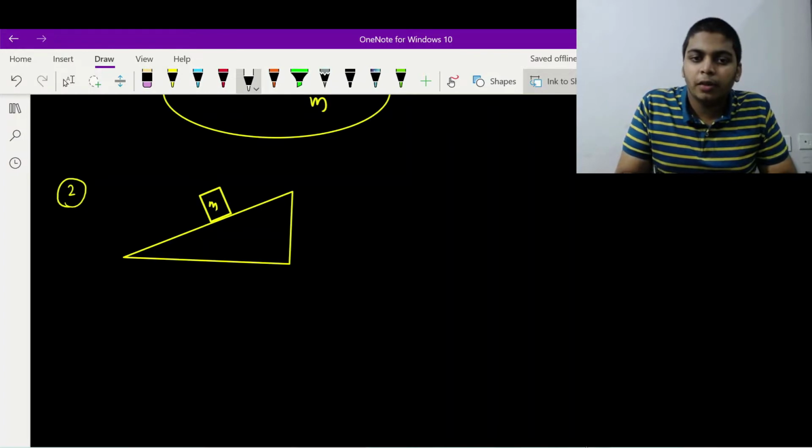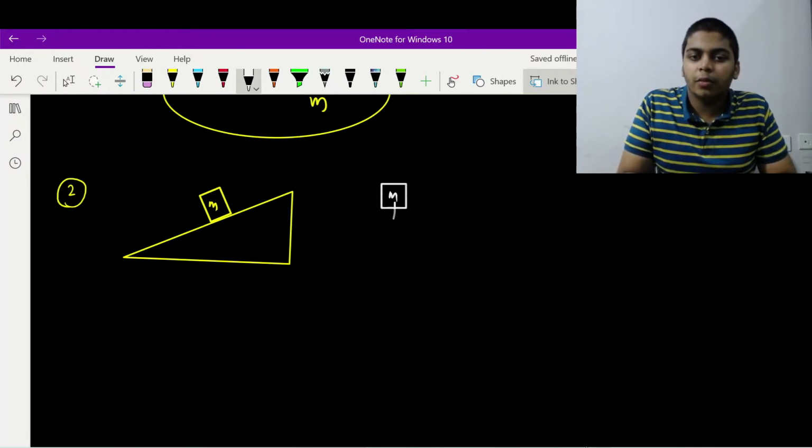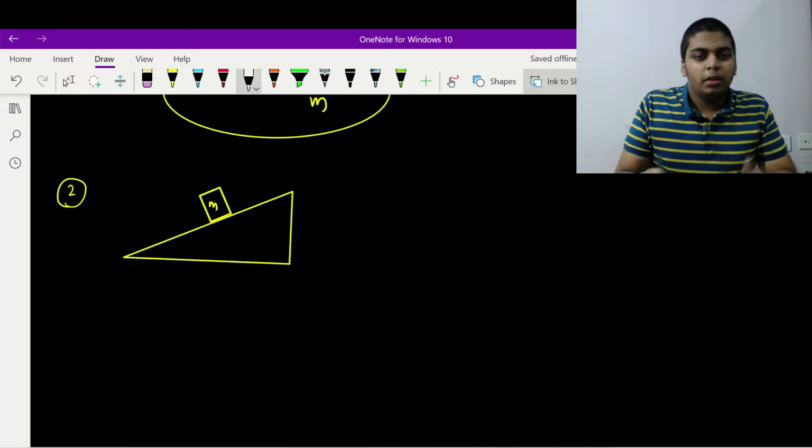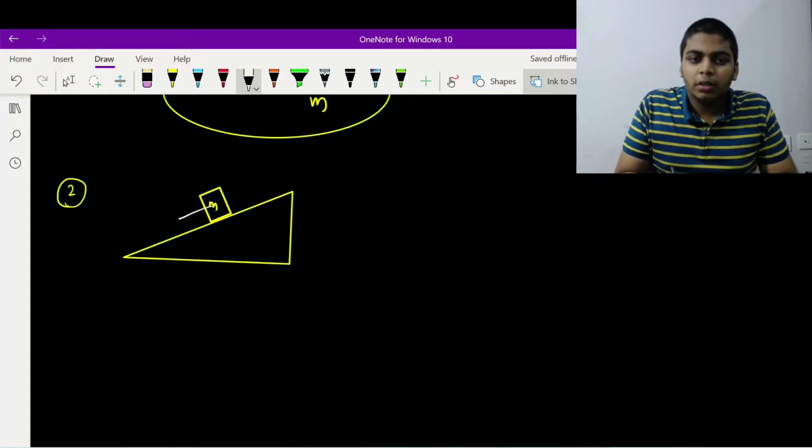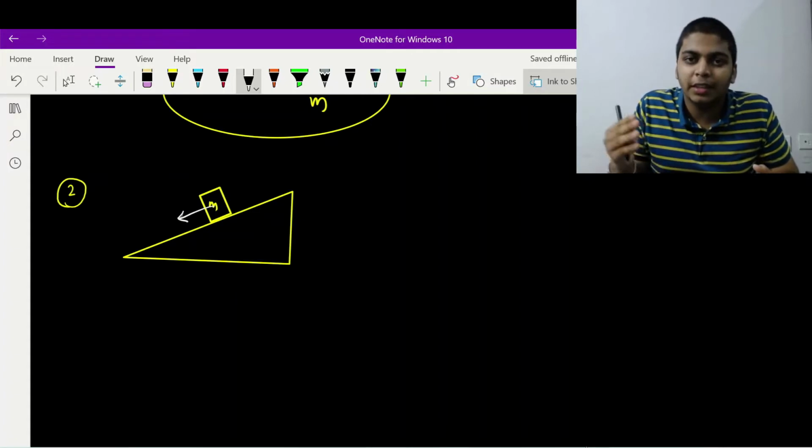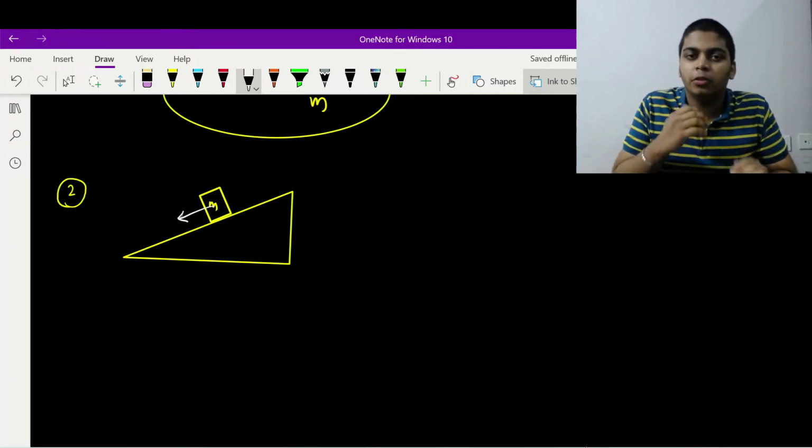If you leave a block of mass m, it moves directly downward because of the force mg acting downward, the weight of the block. So along the incline, what is the component of weight which is actually driving it down the inclined plane is what you are asked.